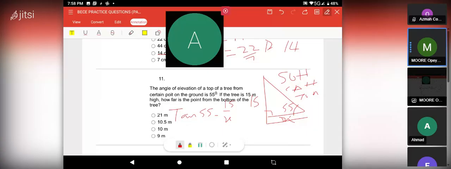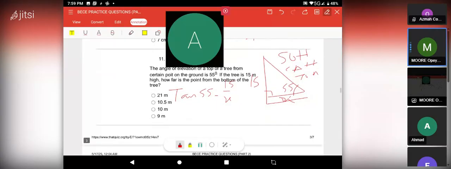It is a must to go with it when you are entering the exam room. It is a must. So from my own end here, I thought you were going to tell us tan 55 is 1.428. Thank you.